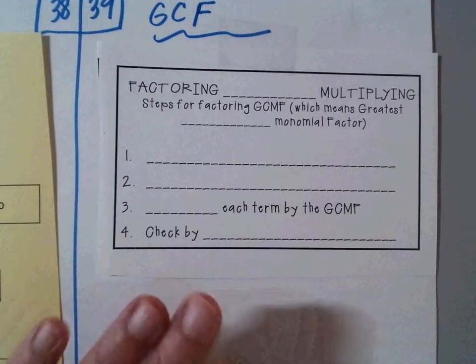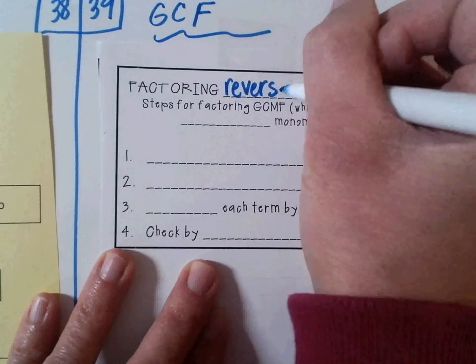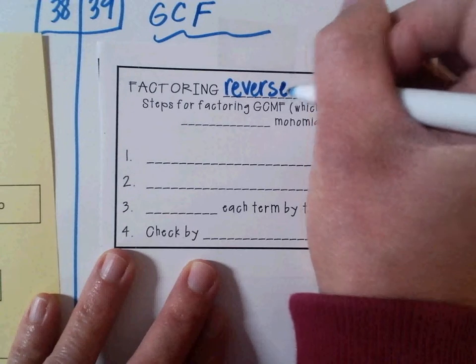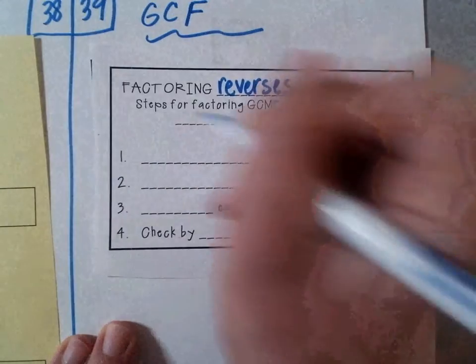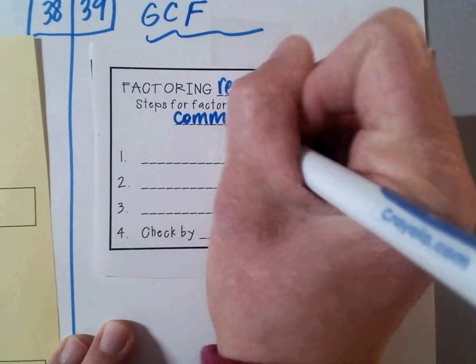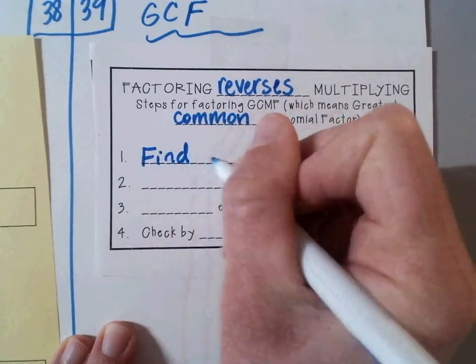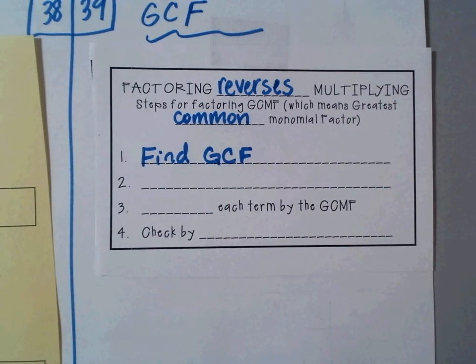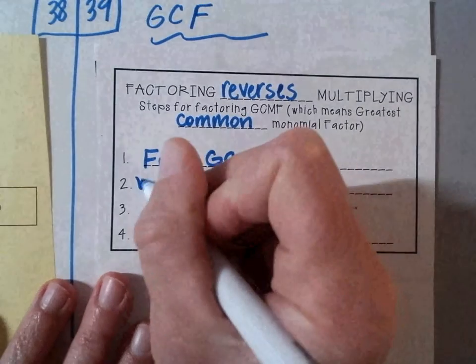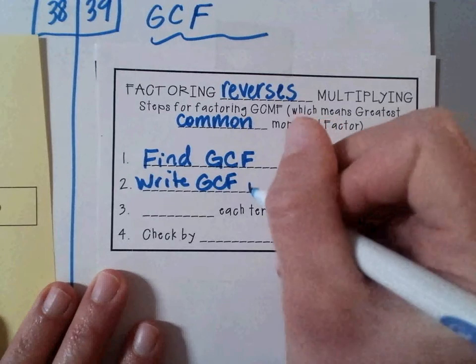All right, so here we go. Factoring reverses multiplying. So steps for factoring the greatest common monomial factor, which means greatest common monomial factor. Step number 1, you find the greatest common factor. Then you write the greatest common factor in front.